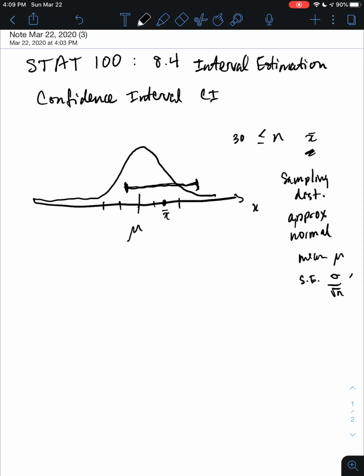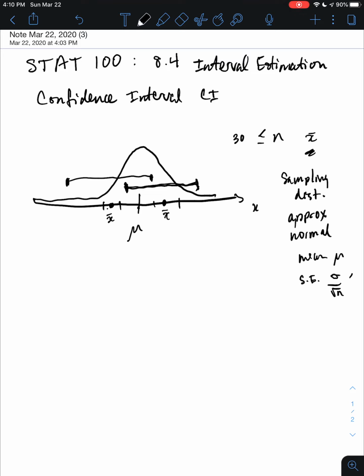That is our idea. We're going to take what we did in section 8.2 and just turn it around a little bit. Now you do the experiment, and say you get this value for x bar in yours, and then you construct your two standard deviation interval around your starting point.